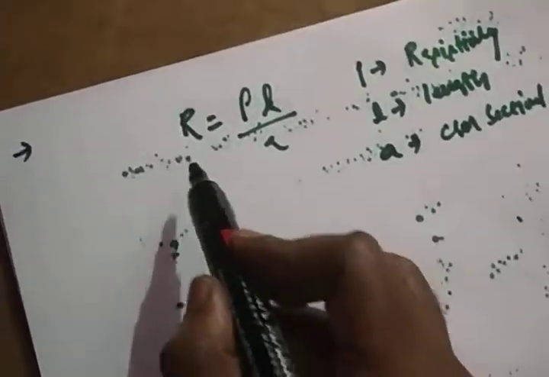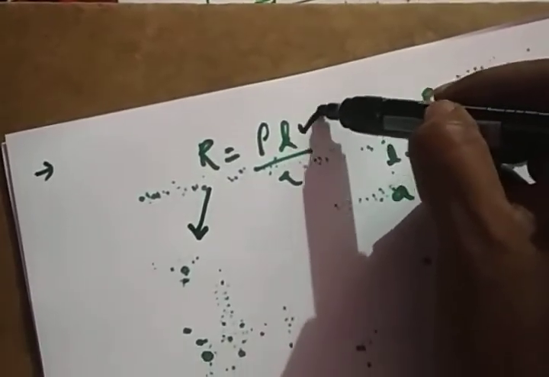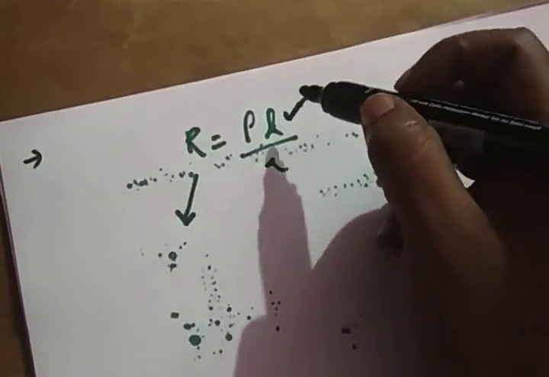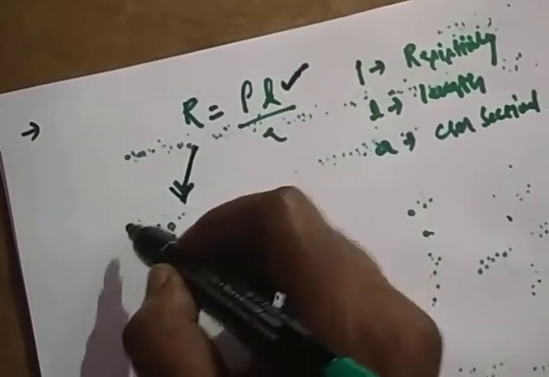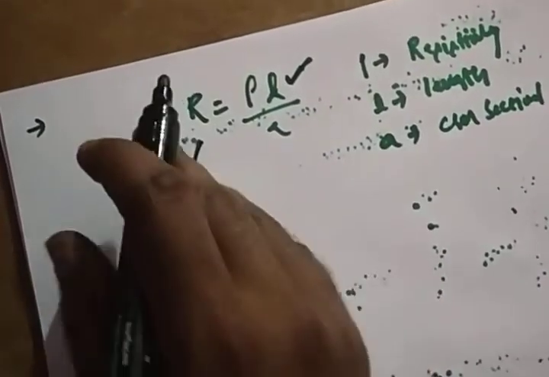That means you get your changing resistance by changing the length, which we can call displacement. If you change the length, that is displacement, you will get the changing resistance. If you get the changing resistance, you can convert it into voltage by putting a voltmeter.